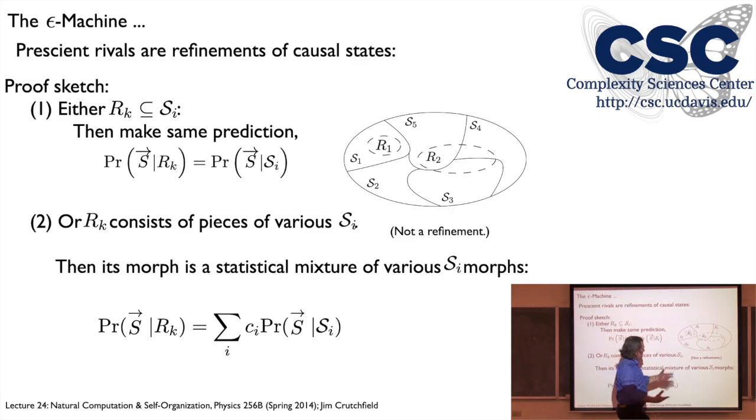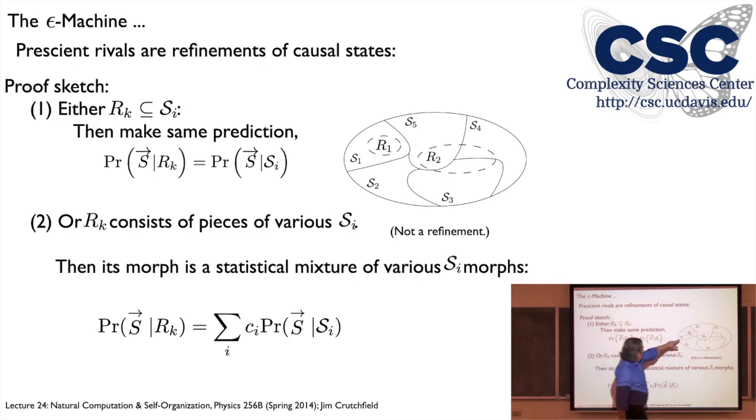Okay. And then there's sort of two cases for the rivals. Either the set of histories associated with a rival state is completely contained in one of the causal states, or the set of histories lies across different causal state equivalence cells in the space of histories, kind of mixing them together, okay?